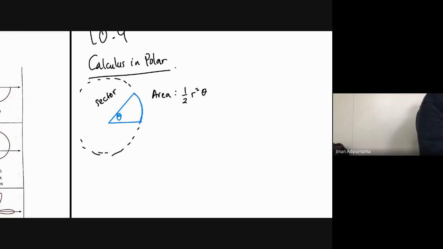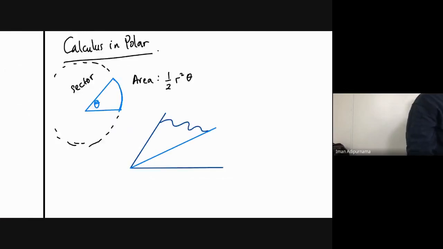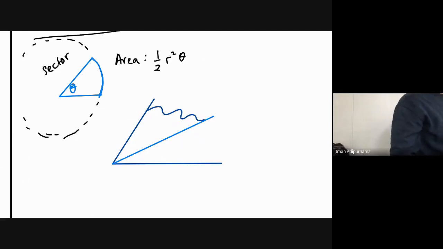Okay, let's make some random graph. Maybe here. Maybe we have the polar curve like that randomly, and we start from theta equals alpha until theta equals beta.